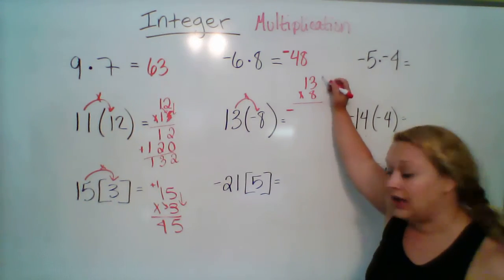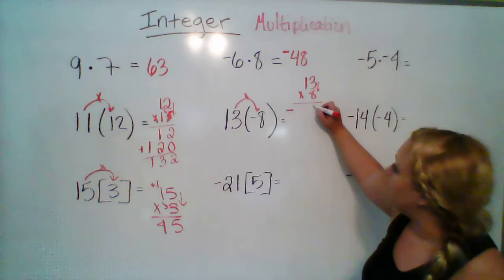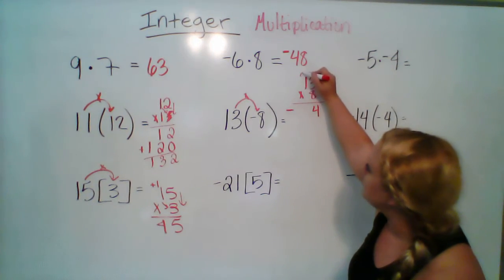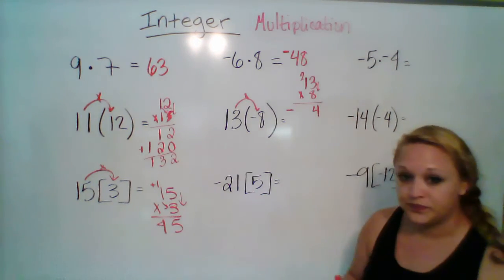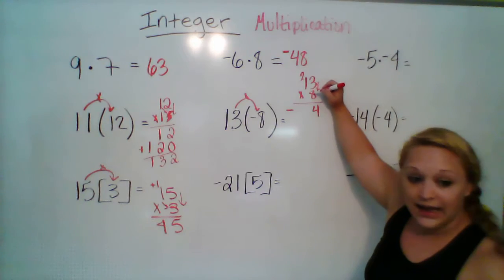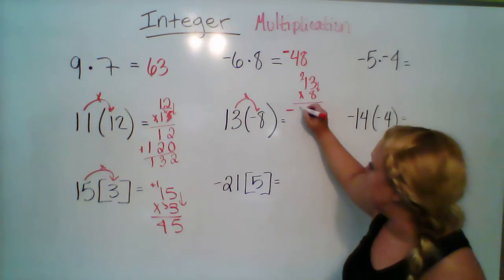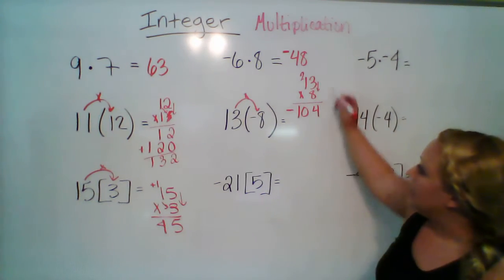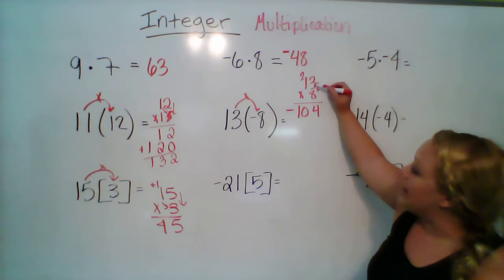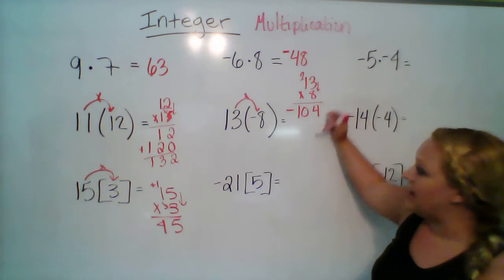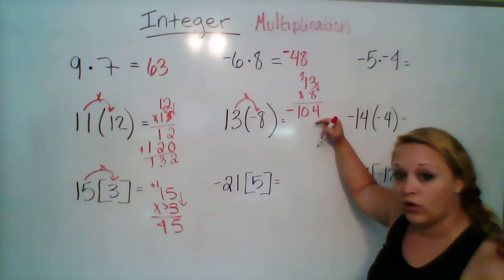So, same thing. 3 times 8 is 24. Put down my 2. Put down my 4. Carry my 2. 1 times 8 is 8. Plus 2 is 10. Okay? So what that tells me is that negative 13 times positive 8 gives me a negative 104.